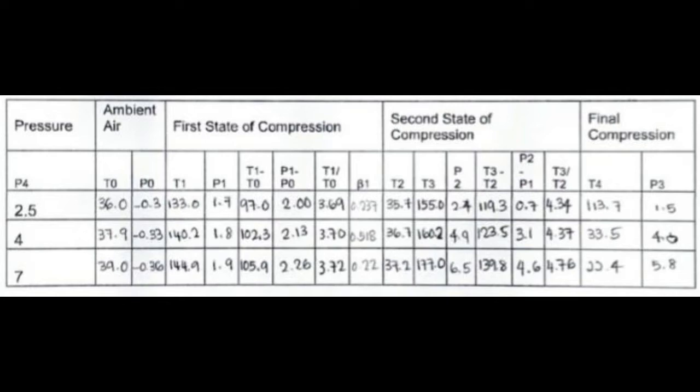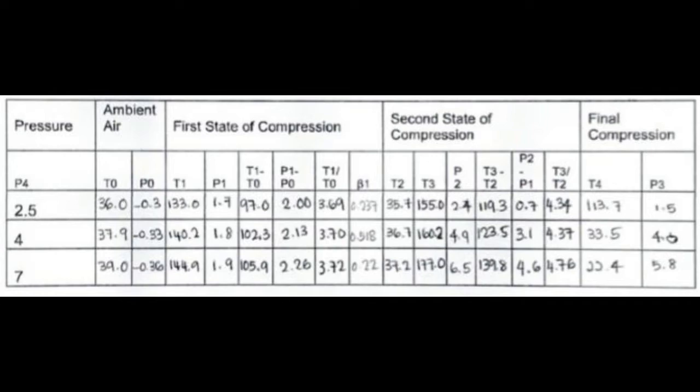As you can see, the ambient temperature and pressure are recorded, labeled T0 and P0, followed by the first stage of compression labeled T1 and P1, and beta 1 is the efficiency of the compressor. Next, the second stage of compression is labeled T2 and P2, and the final compression is labeled T3 and P3.